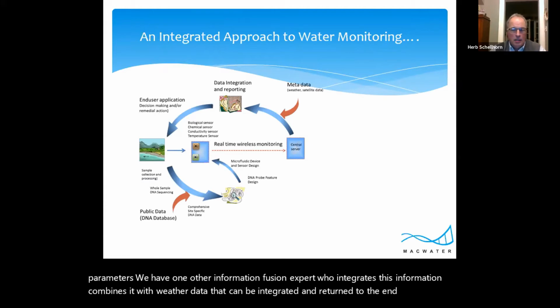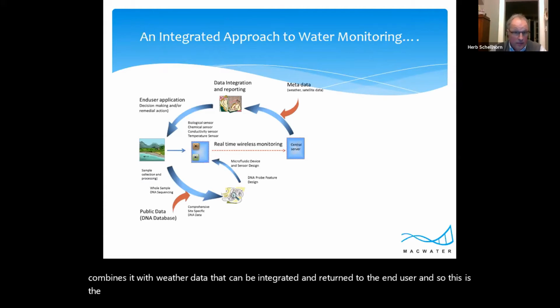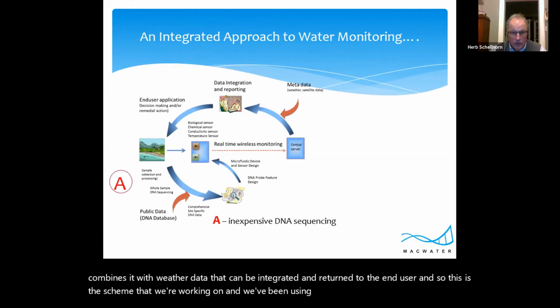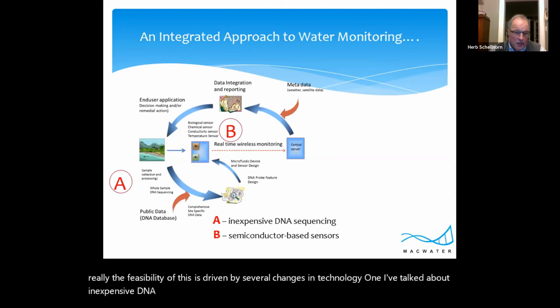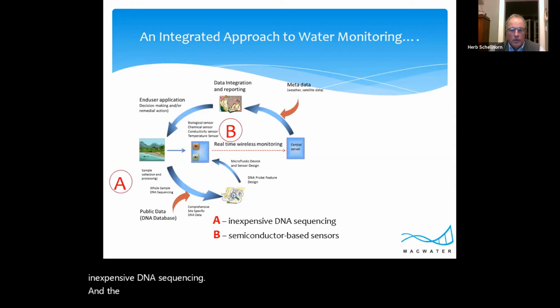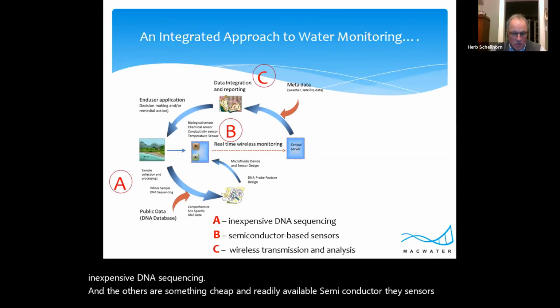This is the scheme that we're working on, and we've been using this pattern for about 10 years. The feasibility of this is driven by several changes in technology. One I've talked about, inexpensive DNA sequencing, and the others are cheap and readily available semiconductor-based sensors and new modes of wireless transmission and analysis.